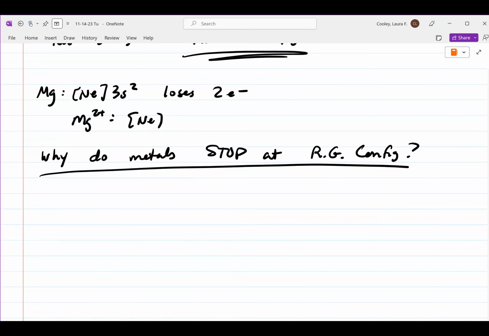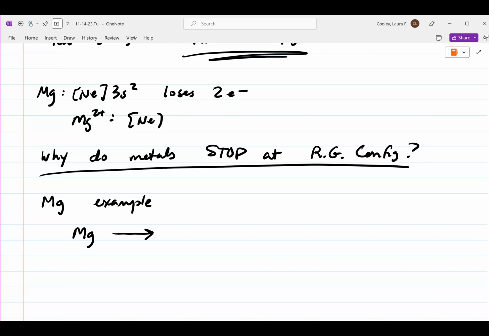Most things, it comes down to energy. So I'm going to use magnesium as an example, and I'm going to give you some energy information. I'm going to show you why magnesium stops at +2 and doesn't go on to form, say, a +3 ion. Okay, so let's take magnesium.